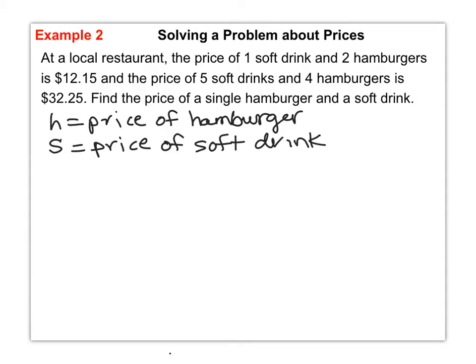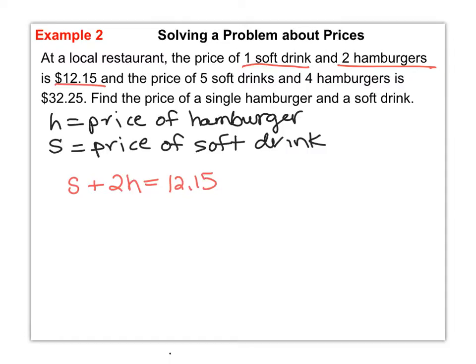Now the first part of the sentence, the price of 1 soft drink and 2 hamburgers is $12.15. So the equation you can come up with there would be 1 soft drink, 1S, plus 2 hamburgers, 2H, that is equal to $12.15.